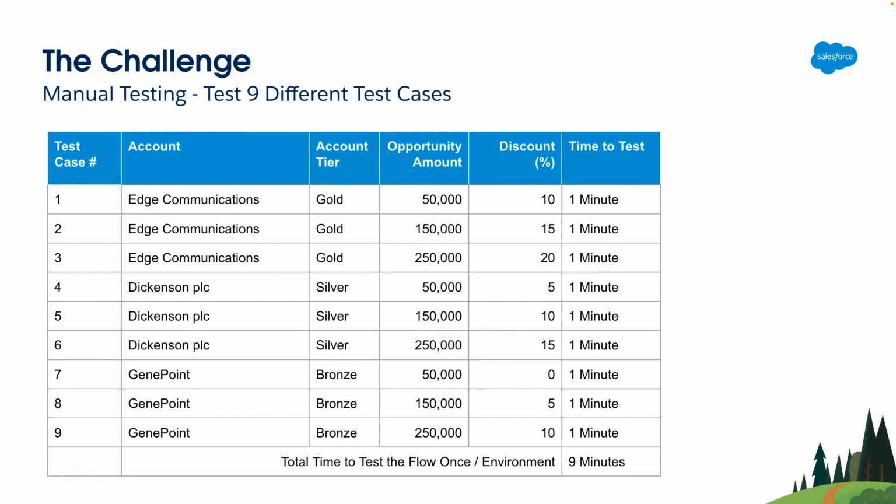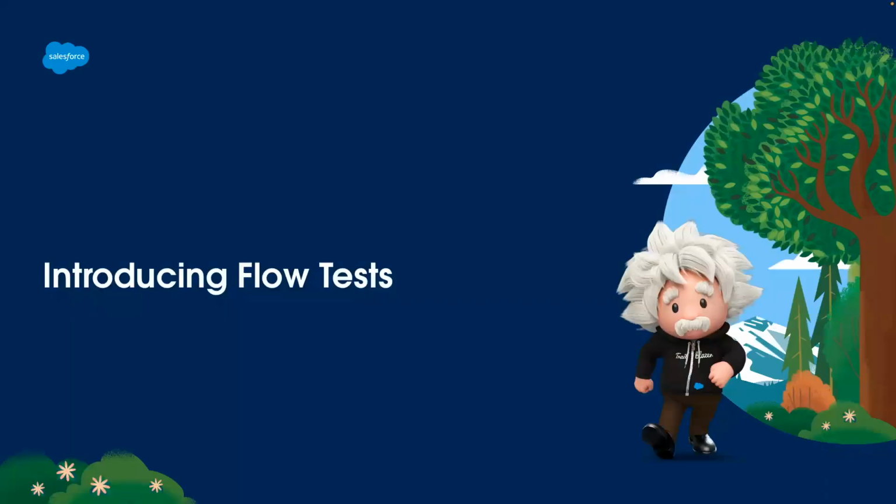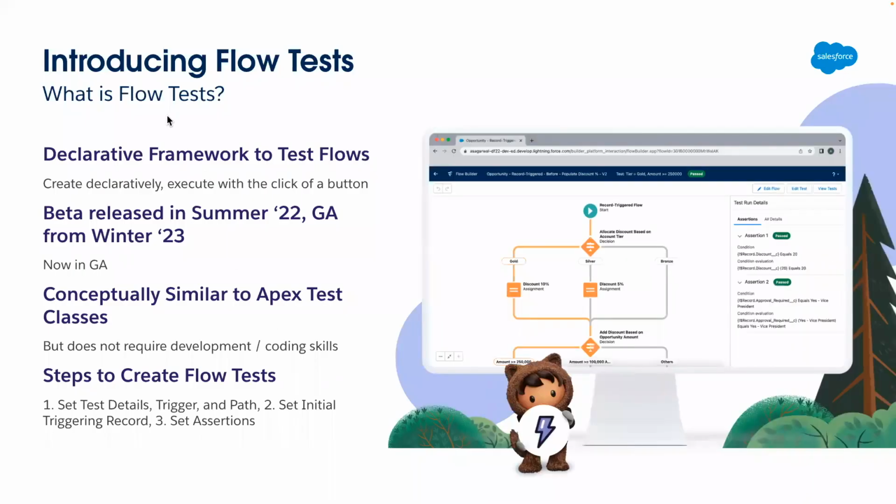Okay, now that we understand how the manual testing of this flow will be performed, allow me to introduce you to Flow Test to make life easier for our project team, QA team, and users. What is Flow Test? Flow Test is a declarative framework to test flows.